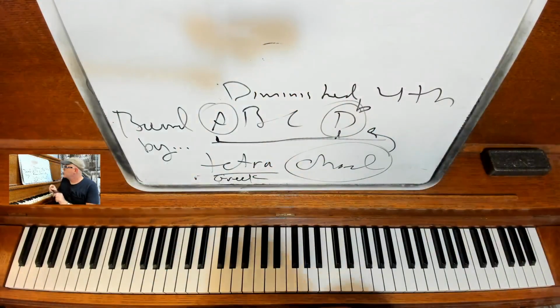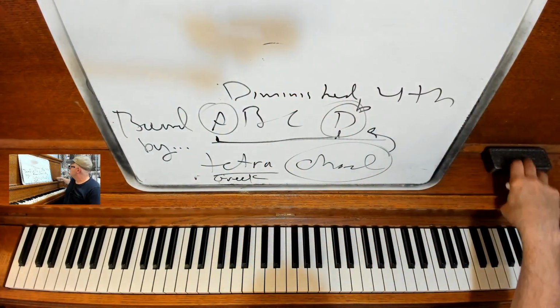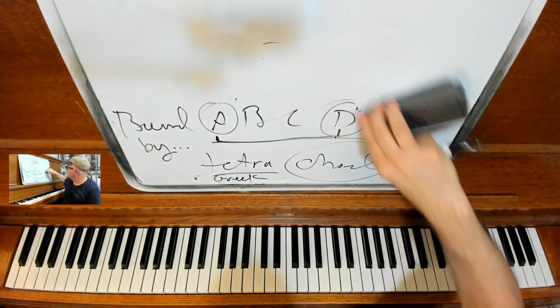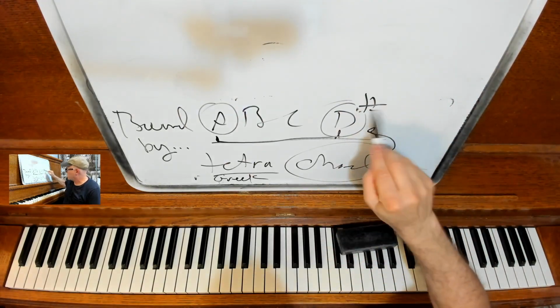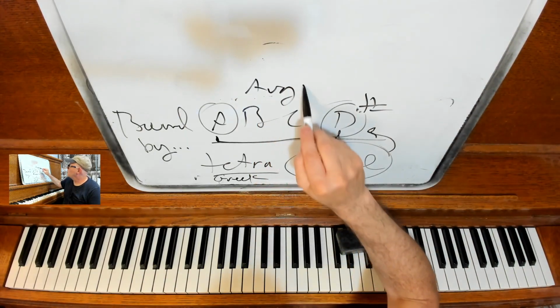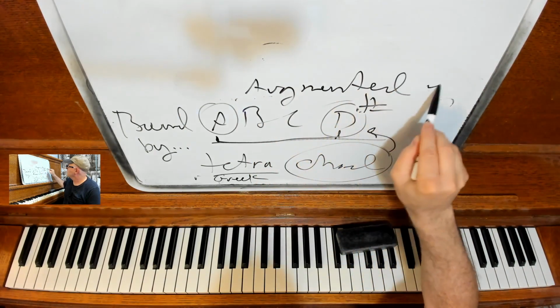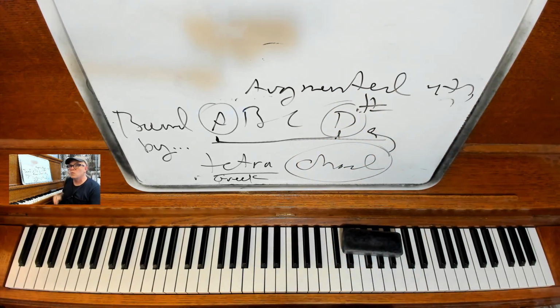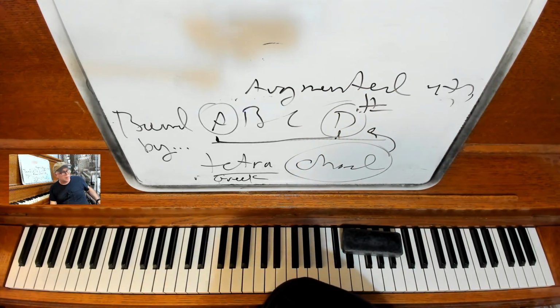Now we're diving back down here. If I went A to D sharp, that's called an augmented fourth. Why is that called an augmented fourth?